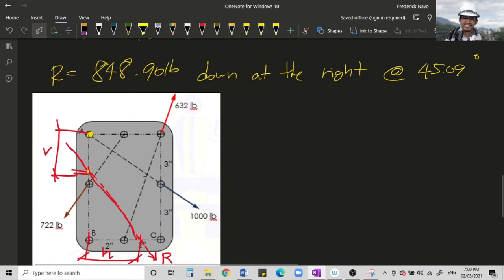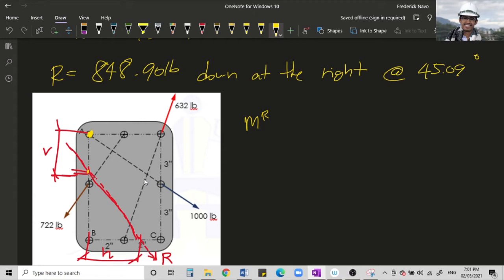So, sabi natin, yung moment ng resultant at any point. So, in this case, dito tayo sa point A, okay? So, para makuha natin yung vertical distance, mag-moment tayo sa point A, and we can get the distance of the V, okay?